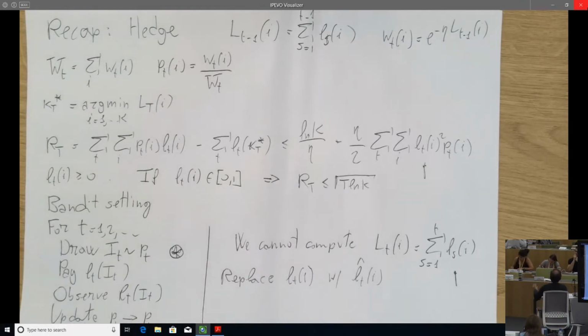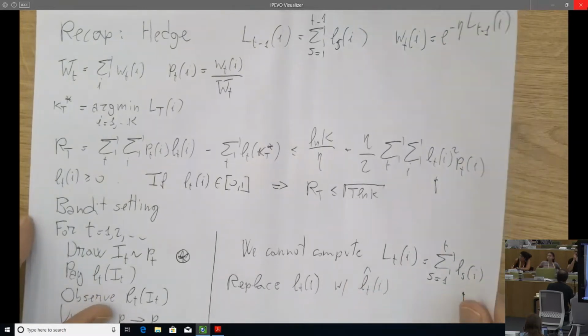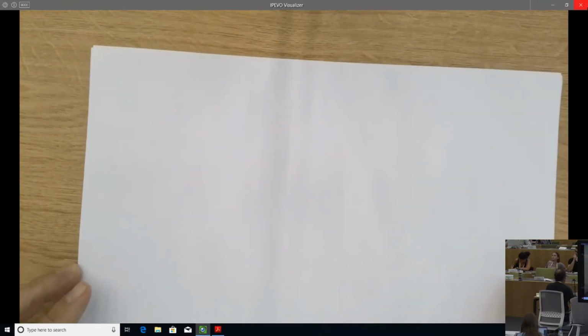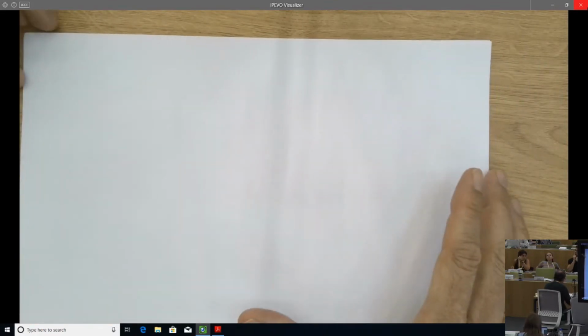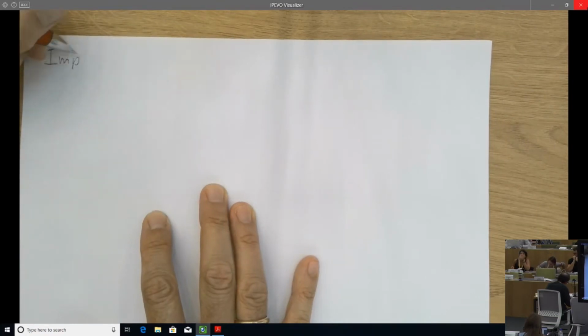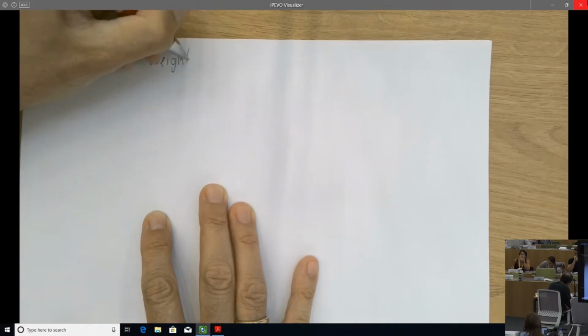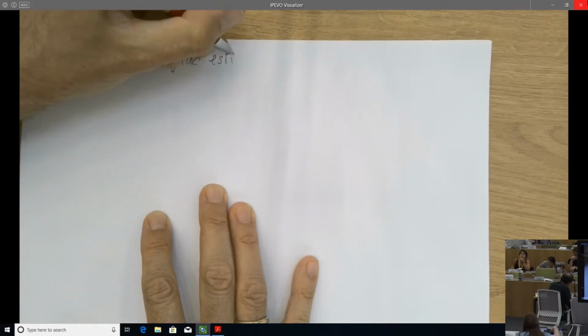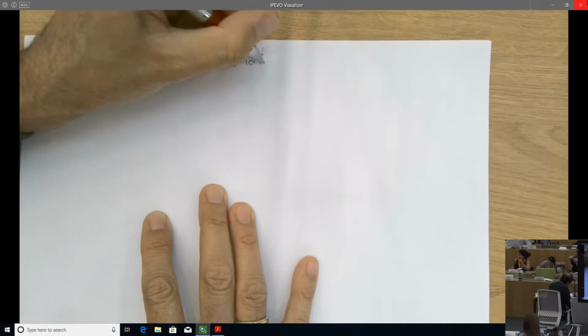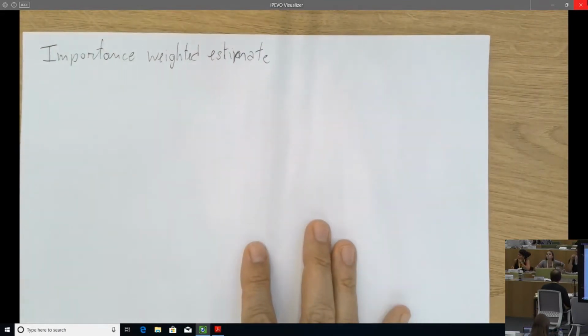We are using a randomized predictor, and we can use this randomness to come up with a wise estimate. There is an amazingly easy estimate, which works very well, called the importance weighted estimate. It is super easy but extremely effective.